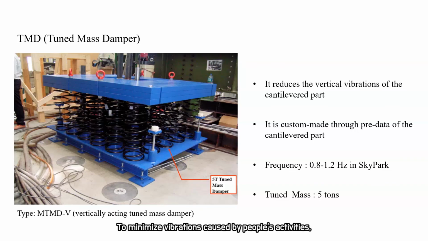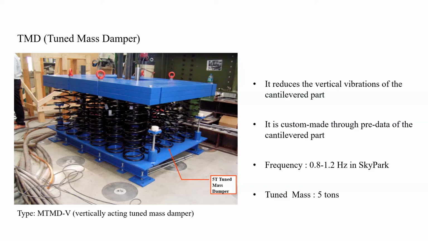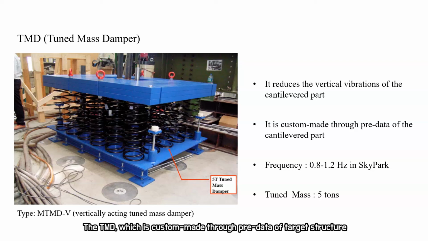To minimize vibrations caused by people's activities, a tuned mass damper, called TMD, was installed at the top end of the cantilevered deck. The TMD, which is custom-made through pre-data of the target structure, reduces the vertical vibrations of the cantilevered part.